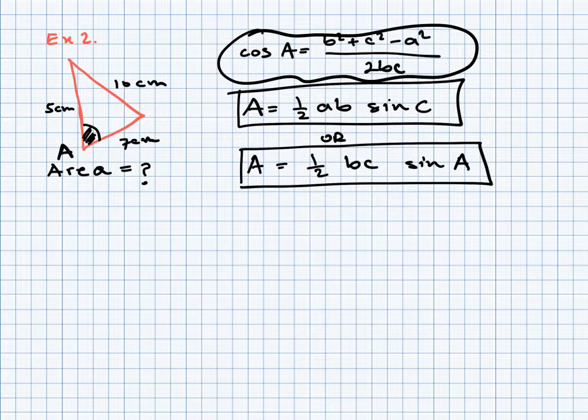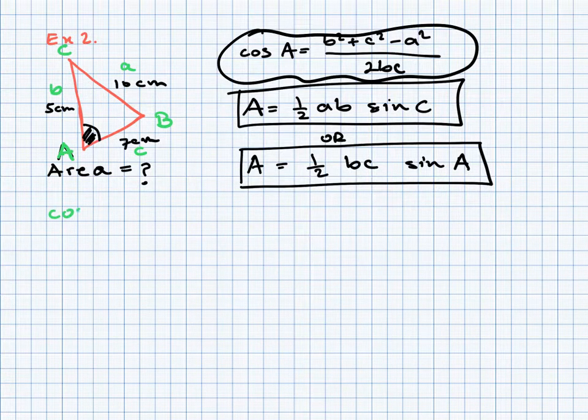I'm going to label this angle A, and I'm going to use a different color. Opposite side is a, label a. If this is angle B, then this is b, and if this is angle C, this here is going to be side c. Let's first find an angle, because we need that for the area formula.